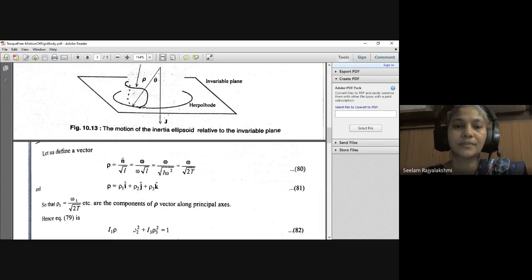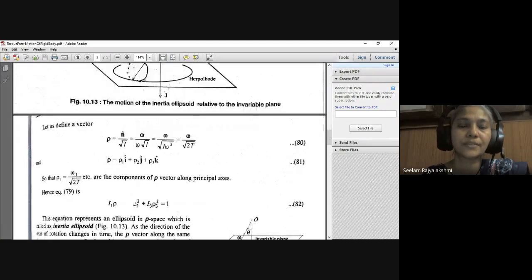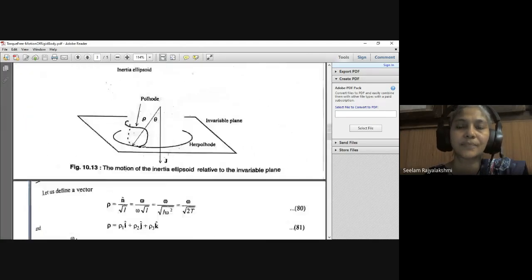So I omega square is nothing but 2T, root of 2T. So rho equals rho 1 i cap plus rho 2 j cap plus rho 3 k cap. So rho 1 equals omega 1 by root of 2T, rho 2 equals omega 2 by root of 2T, and rho 3 equals omega 3 by root of 2T, which are the components of the rho vector along the principal axes, in equation number 79.